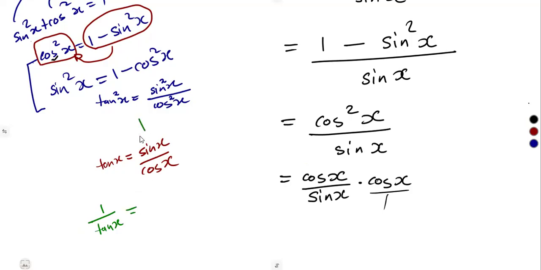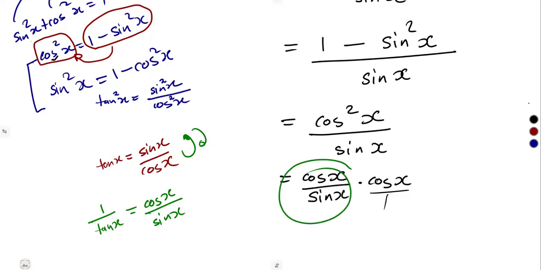The moment you say 1 over this, you invert, so it will be cos of x over sine of x. So it is not a mistake to have cos of x over sine x, because it is equivalent to 1 over tan x.